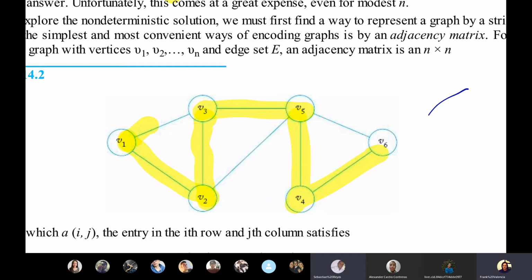So a non-deterministic machine accepts an input if it has an execution that says yes, so that it goes to acceptance. And a non-deterministic machine rejects its input, the input is the graph in this case, if there is no possible computation that leads to acceptance.